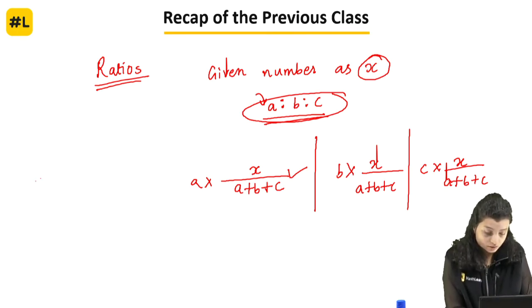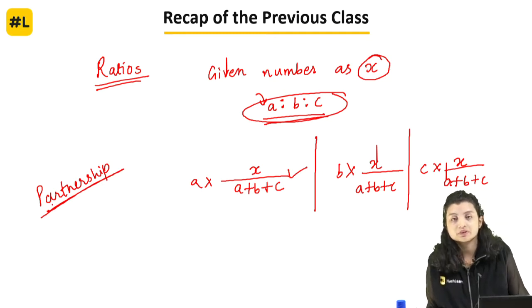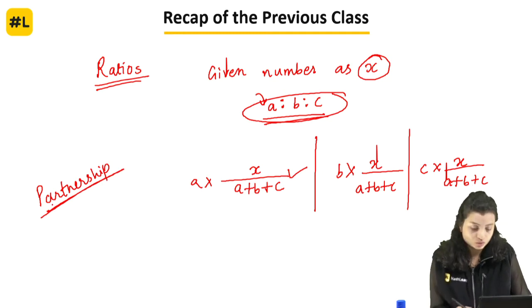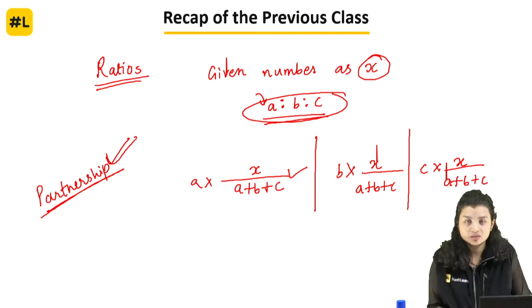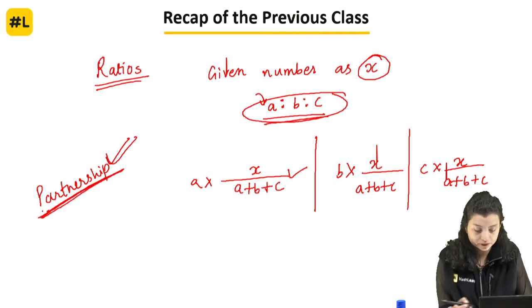In the last class, you might have also studied partnership. Okay, so what is partnership? When two or more people start a business together. Those type of questions are called partnership questions. So again you will use the same strategy.